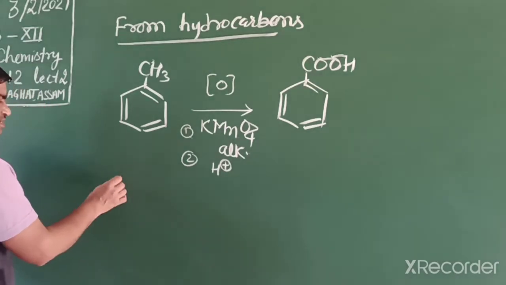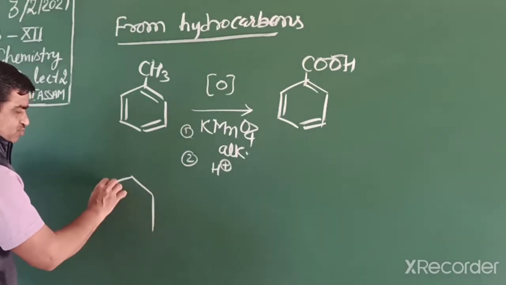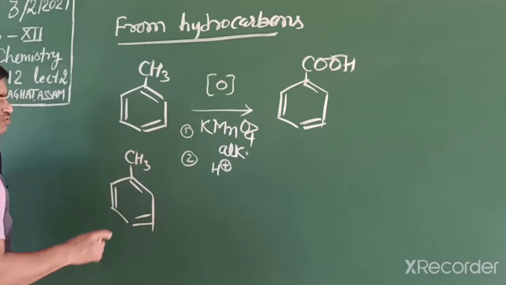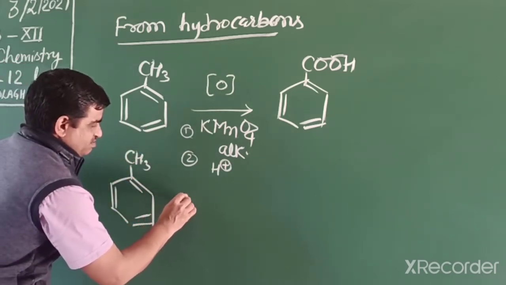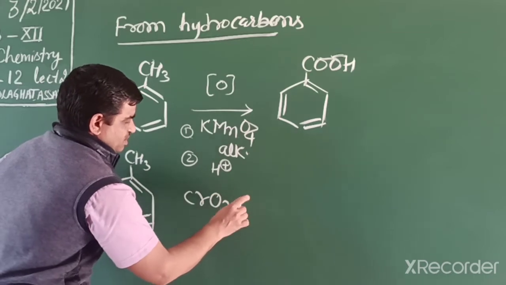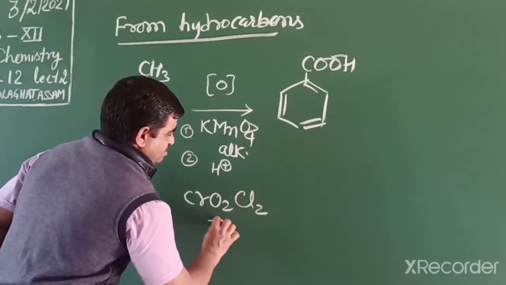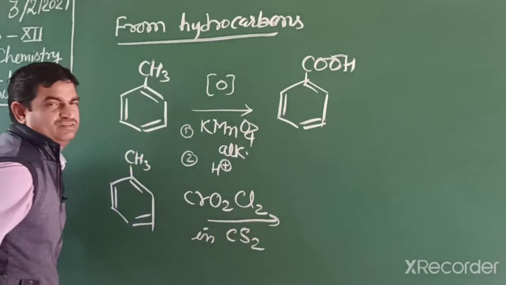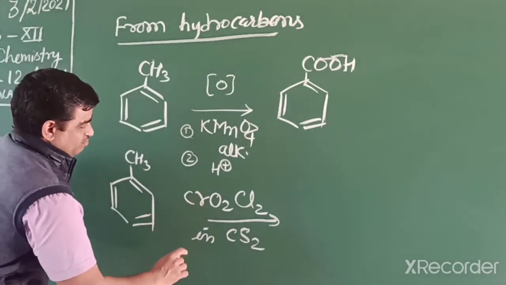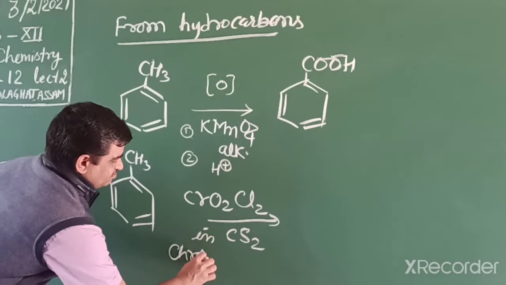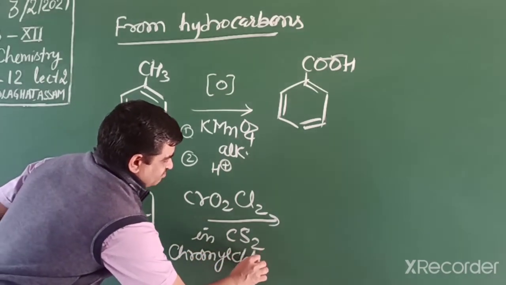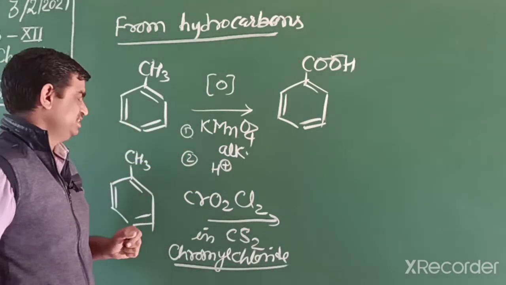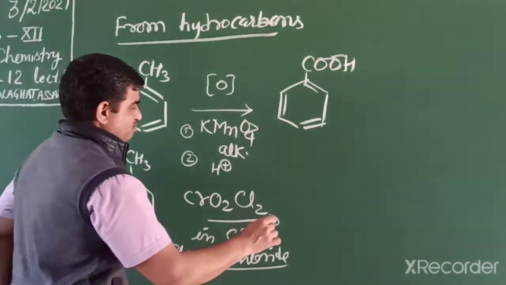The reagent is chromyl chloride. When toluene or methyl benzene reacts with chromyl chloride, CrO2Cl2, in CS2, carbon disulfide, a non-polar solvent, this reagent is a slightly weaker oxidizing agent, so it forms a complex of chromium.